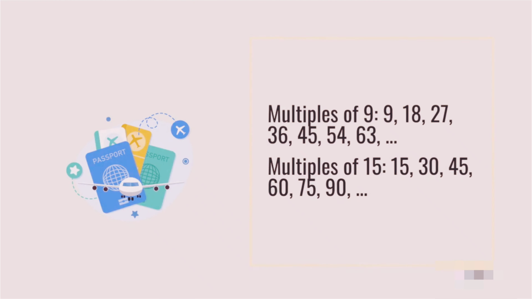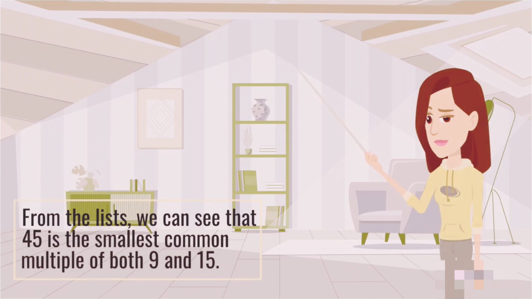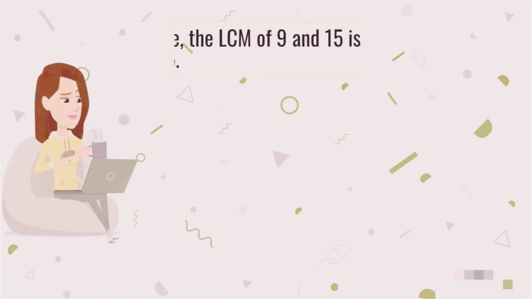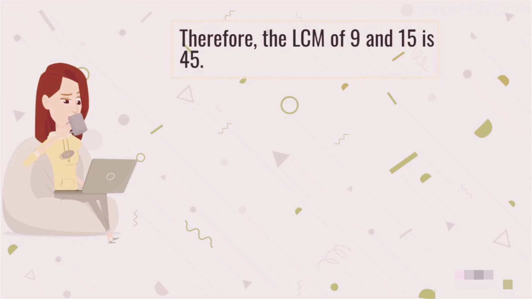Multiples of 9: 18, 27, 36, 45, 54, 63. Multiples of 15: 30, 45, 60, 75, 90. From the lists, we can see that 45 is the smallest common multiple of both 9 and 15. Therefore, the LCM of 9 and 15 is 45.